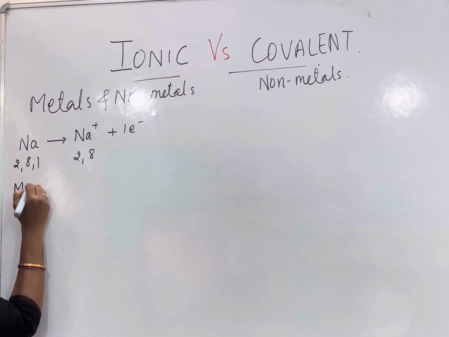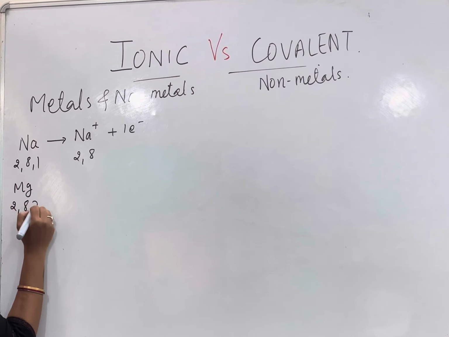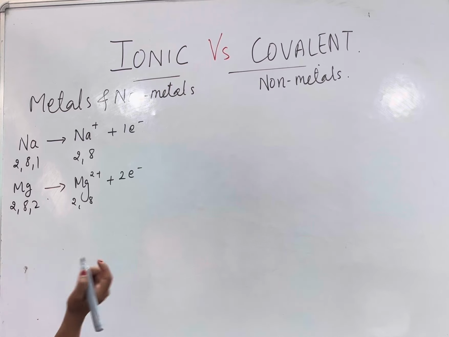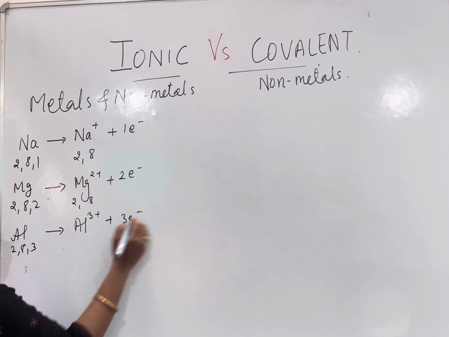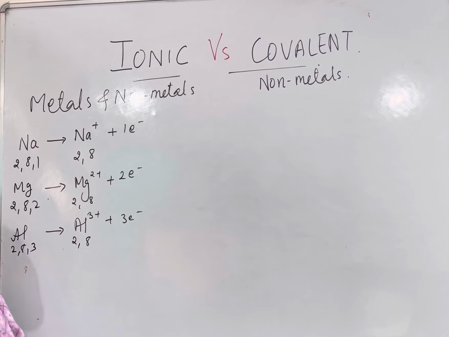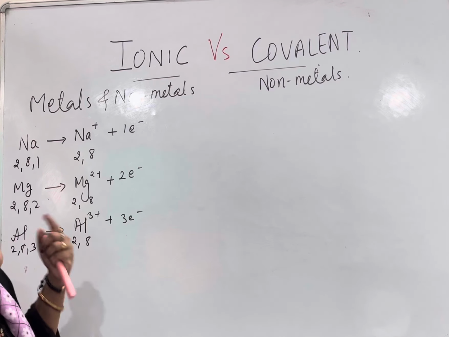Likewise, magnesium is 2, 8, 2. It can lose 2 electrons to form Mg2+ and get the nearest noble gas configuration of neon. Likewise, aluminium has an atomic number of 13 and it can lose 3 electrons to form Al3+ and get the nearest noble gas configuration of neon.